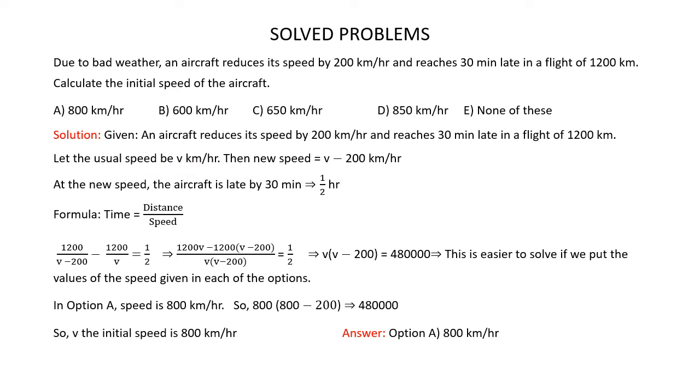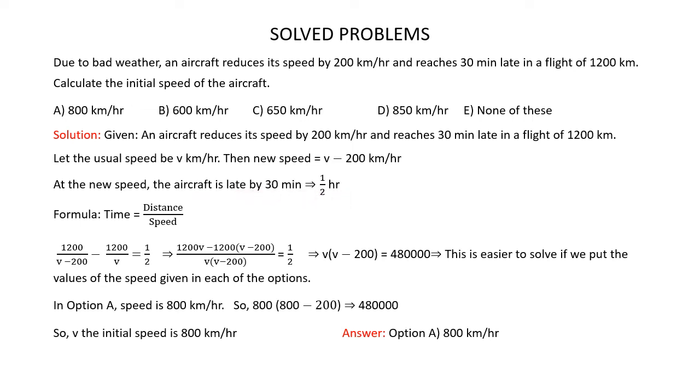Then the aircraft reduces its speed by 200 kilometers per hour, so the new speed is v minus 200 kilometers per hour. Now at the new speed, the aircraft is late by 30 minutes. 30 minutes means half an hour. So at the new speed, the aircraft is late by half an hour.